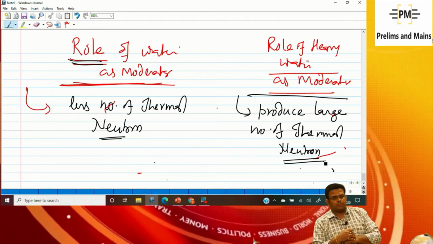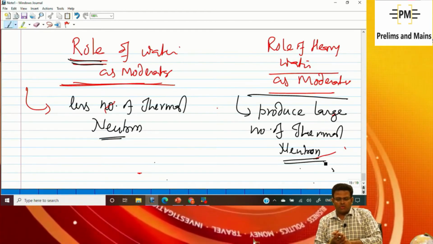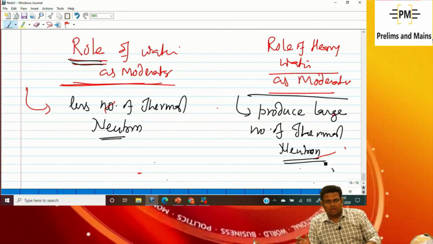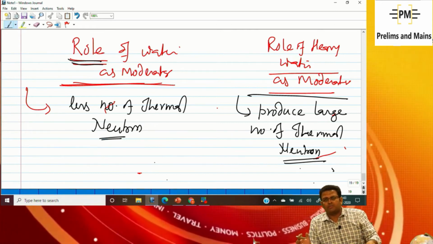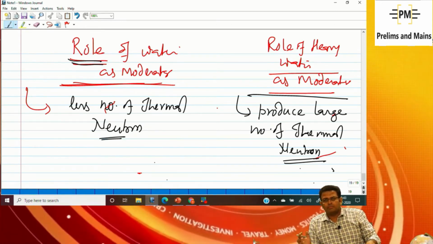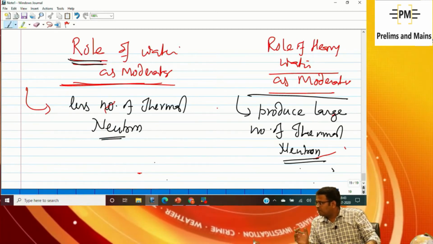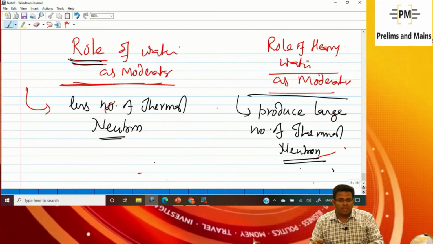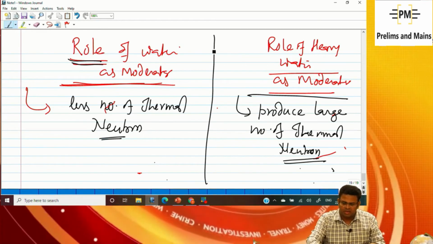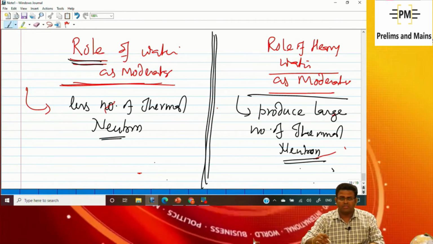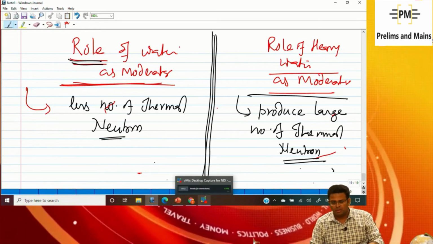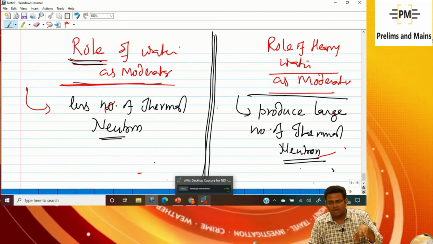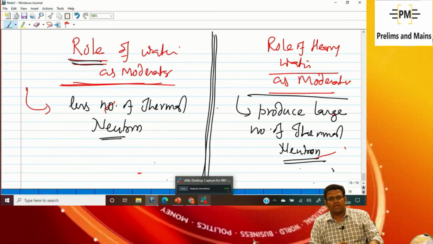So which one is good now? Should we use water as a moderator, or heavy water as a moderator? This is a very important concept, beta. Perhaps anyone who has studied earlier must be understanding what I am teaching.